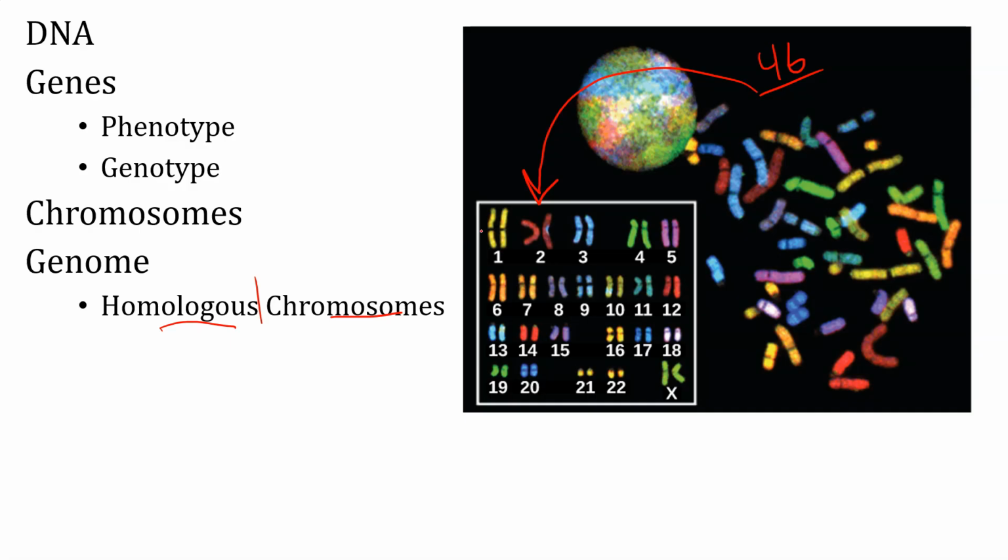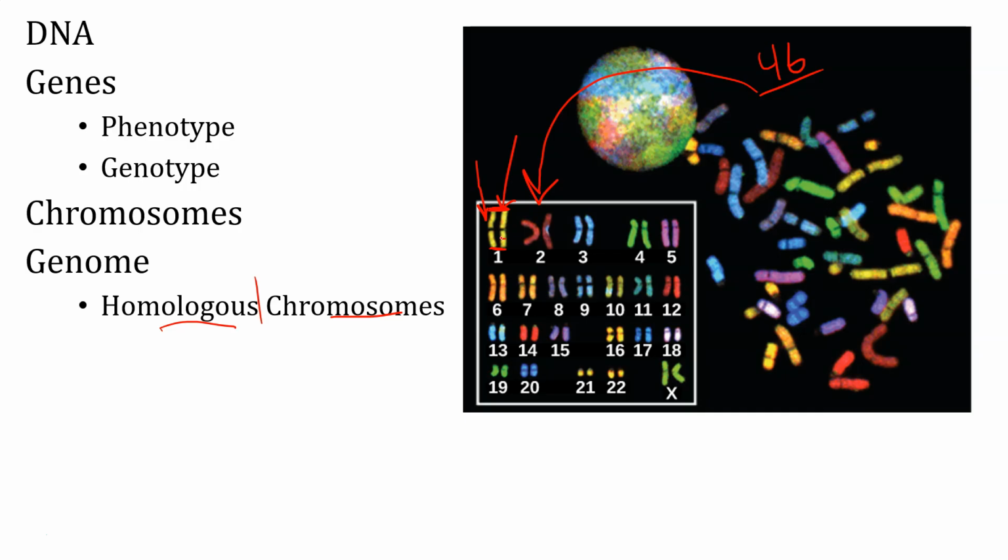So for example, your mom may have given you this particular chromosome and your dad given you this particular chromosome, but they are the same length and they have the same traits on them. Like maybe this one bears the information that colors hair blonde, and this one bears information that colors hair brown.